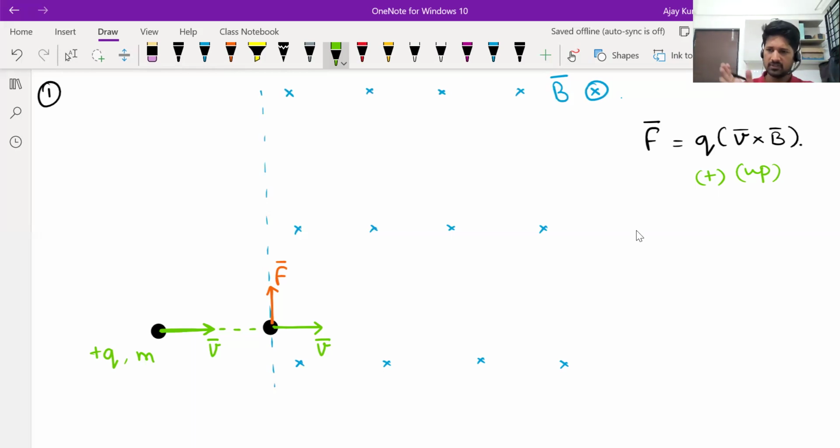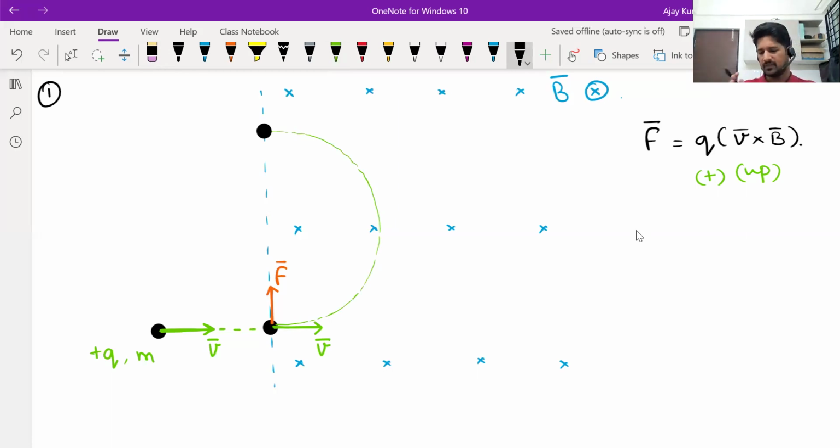Okay. See, the force deviates the charge away from the direction in which it is moving. So next moment it will turn this way. After that, it will turn this way, and so on. It will end up moving in a curved path. It will try to move along a circular path. But if you imagine how it moves, after completing the semicircle, the charge reaches here.